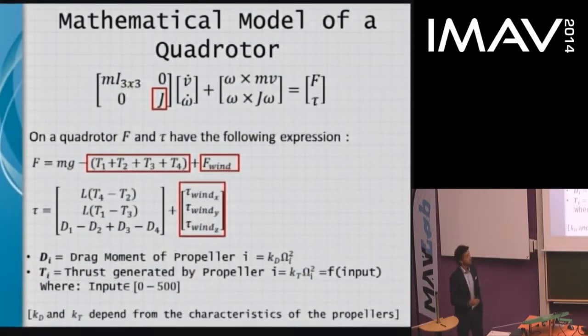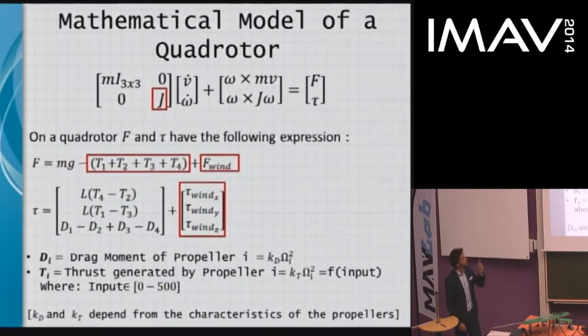I just want to introduce the mathematical model of the quadrotor, not too boring, just this slide has some formulas. The model of the quadrotor comes from the rigid body dynamics, the first equation in the slide. Starting from this equation, you can specialize it for the quadrotor, and you arrive at the equations in the middle of the slide, the equations for forces and torques.